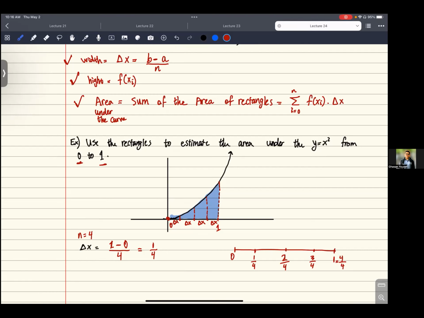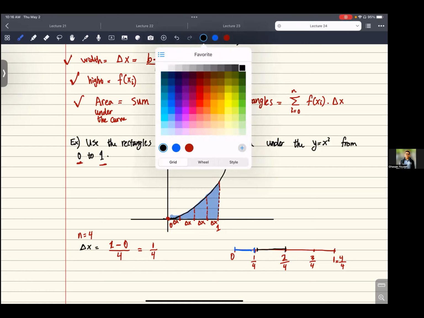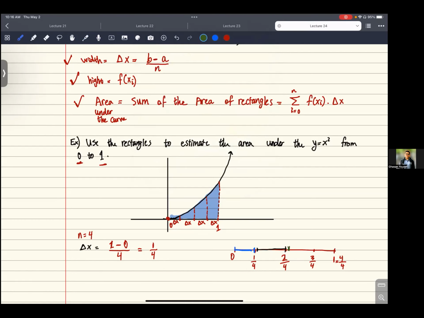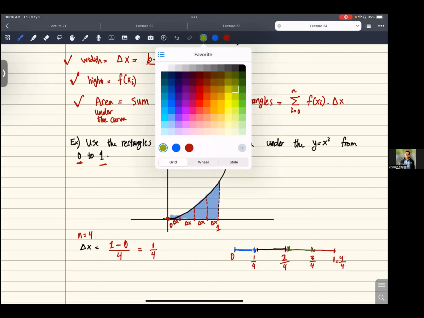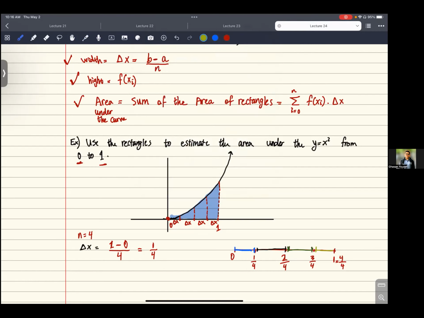So I get 4 subintervals, or 4 strips, or 4 rectangles, it doesn't matter.